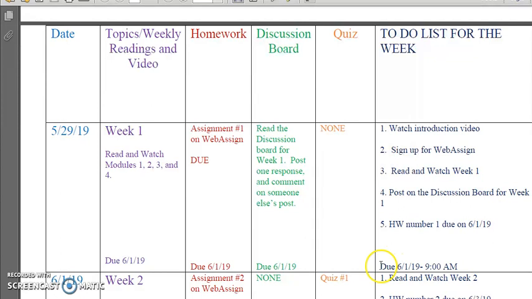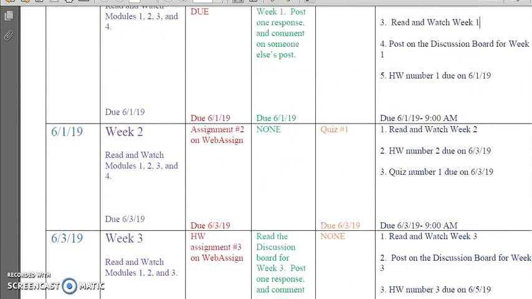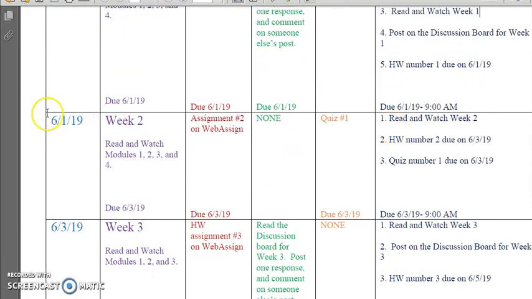Now, all of these are due here on June 1st at 9 o'clock a.m. So all 5 of these things are due. And if you continue with the course map, you see every few days, you really have to pay attention to the dates. I'll send you reminder emails. Every few days, you're going to have these things due.